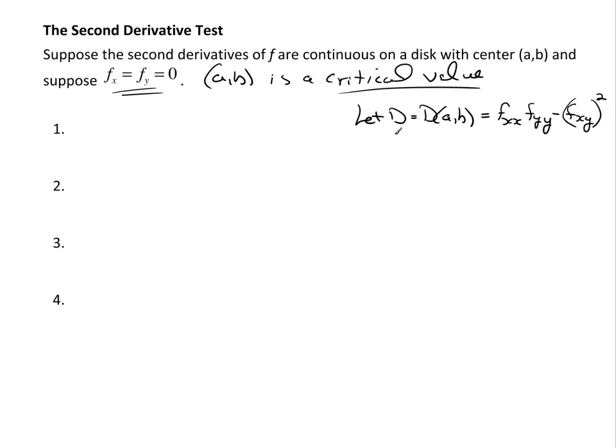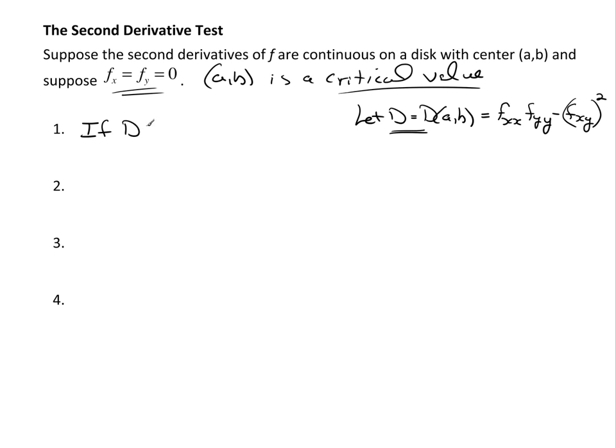And I'm going to use this D as a test to determine whether or not I have local mins or maxes in 3-space. Now, I'm not going to go through the derivation of this. If you're interested in it, I'll give you some information on it, but I'm not going to go through it here. So this is how we use this result.